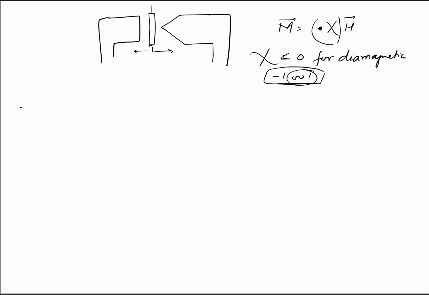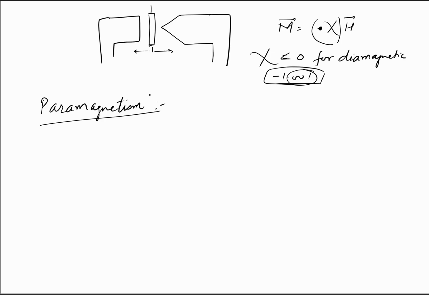Now, in this lecture, we will see what is the cause of paramagnetism in the materials. Now, there are some permanent magnetic moments in materials, although they are randomly oriented. Because of this random orientation, the resultant magnetization in the material is zero.